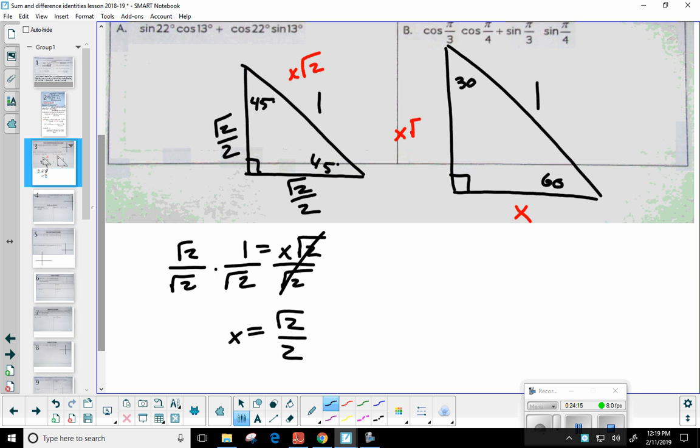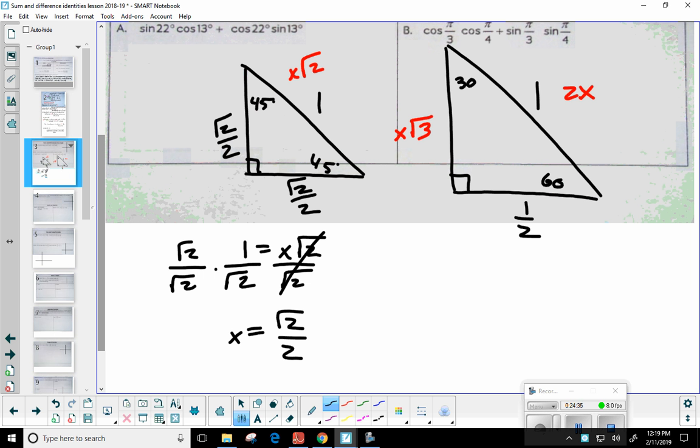The longer leg is the shorter times the square root of 3, and the hypotenuse is always double the shorter leg. Oh, not 2. Because 1 is double what number? 1/2. Now, hey, you're fine.